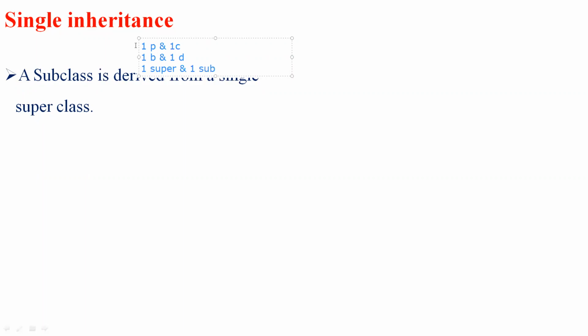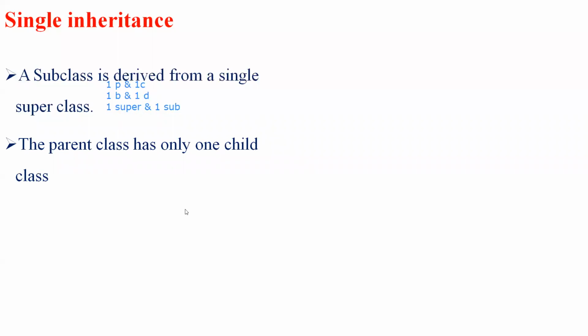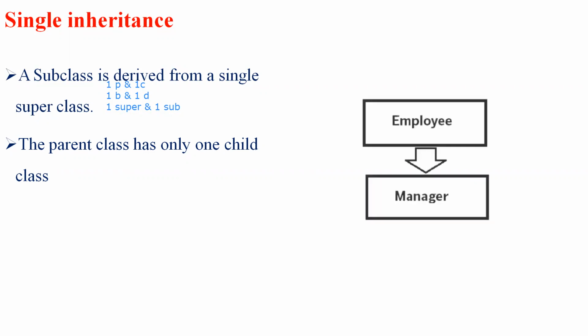In a single inheritance we use a parent class and a child class. A subclass is derived from a single superclass, whereas a child class is derived from a single parent class. So in single inheritance, each and every parent class has only one child class.